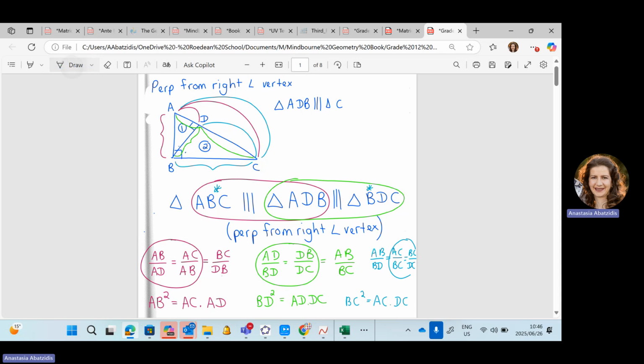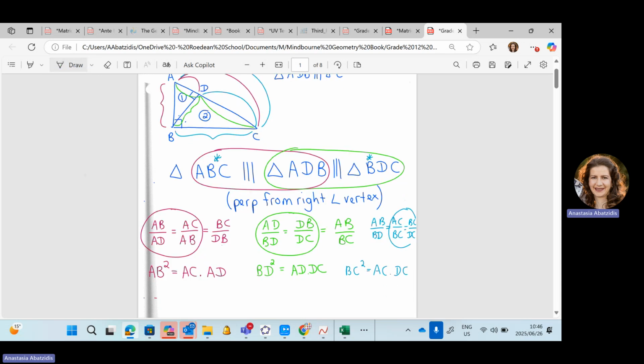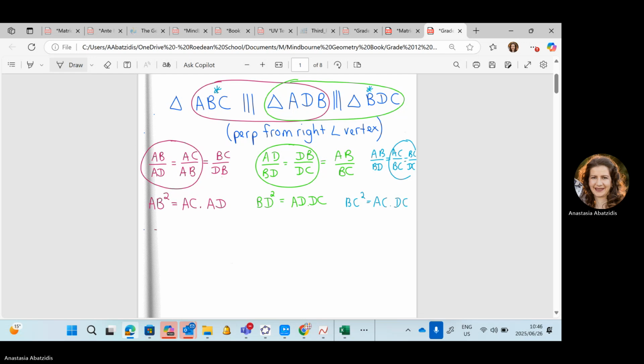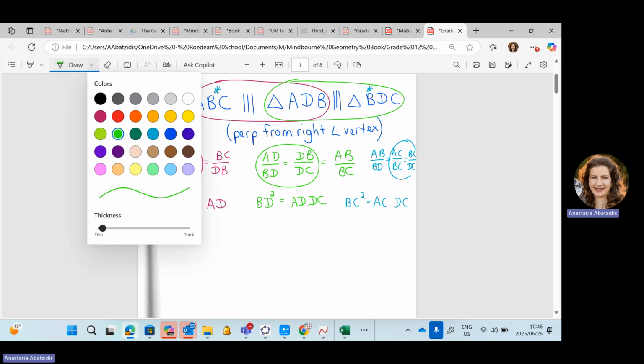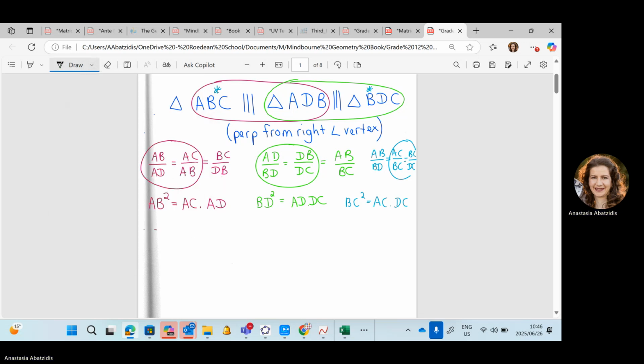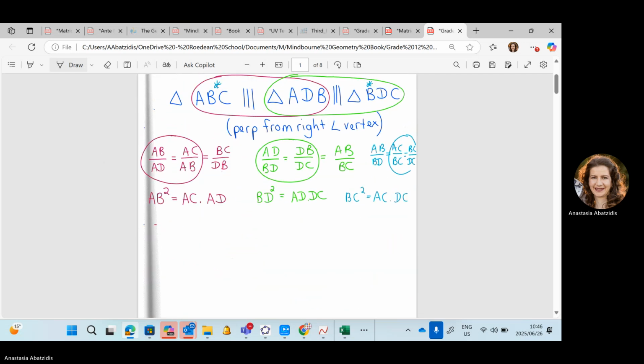All right, now I need you all to watch. This is like the most important thing. I want you to take AB squared from here and BC squared from here and add them. Okay, so I'm taking AB squared plus BC squared.